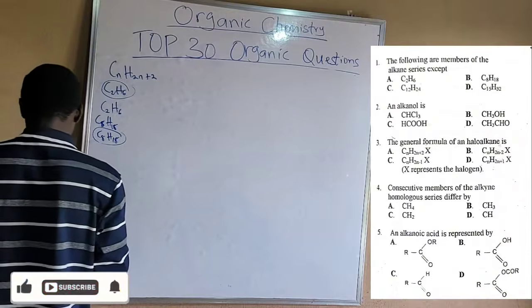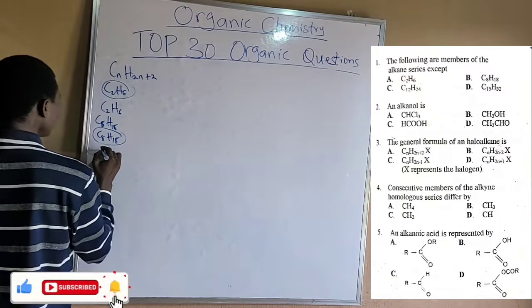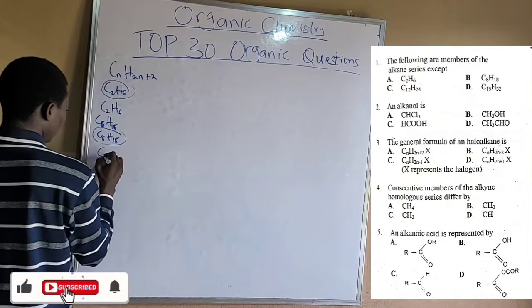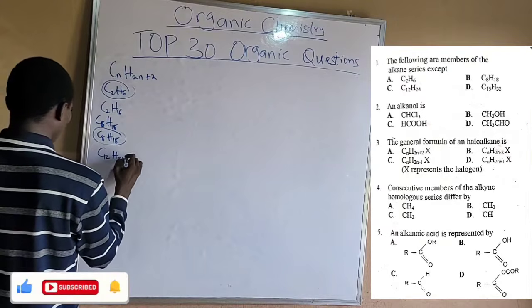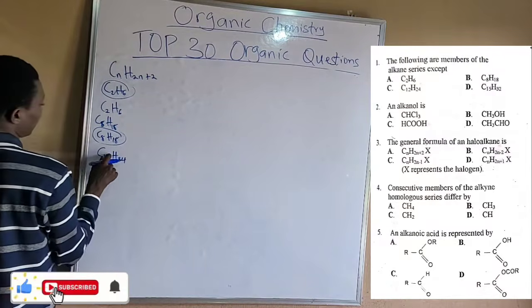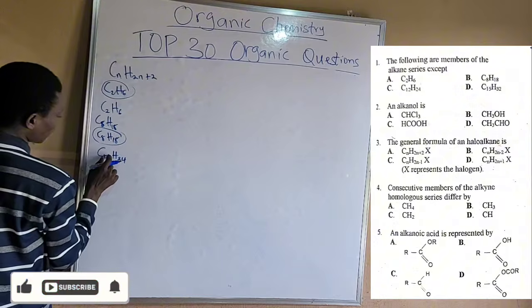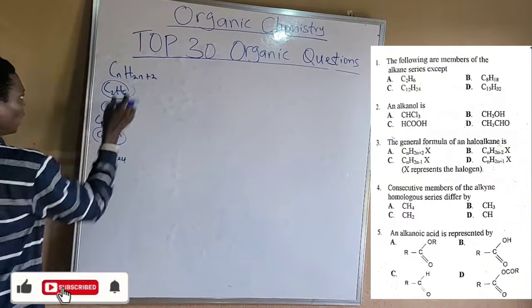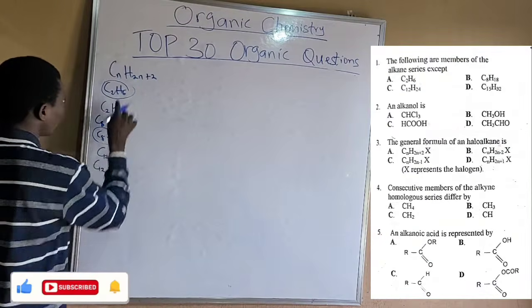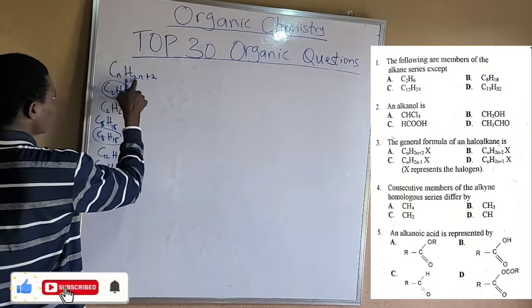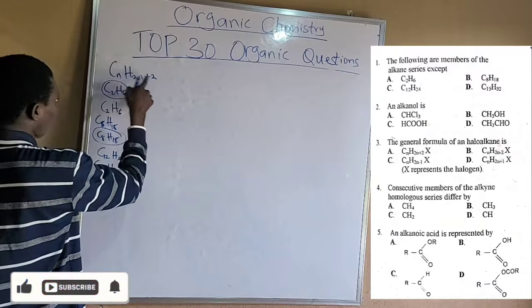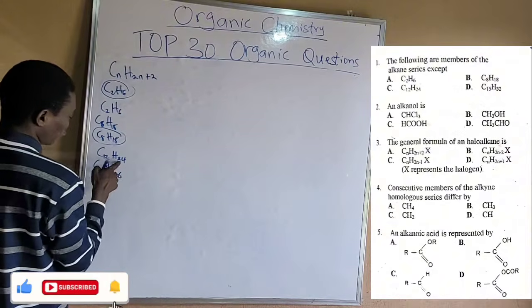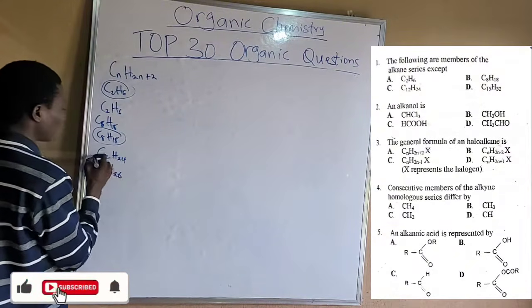All right, let's try option C. C12H24. So let's replace our n here to be 12, whether we get this. So let's substitute. We have C12H, 12 times 2 is 24, plus 2. That is 26. Here it is supposed to be 26, not 24. So the correct answer is this.